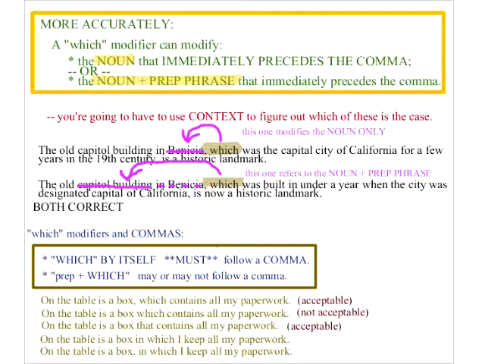These are both acceptable. The difference is a very writerly kind of thing. It's not tested on the GMAT, so I don't want to get into it because it would be a distraction. It's not anything we've ever seen tested. But if you are interested in the difference, you can Google it. It's called essential versus non-essential modifiers.